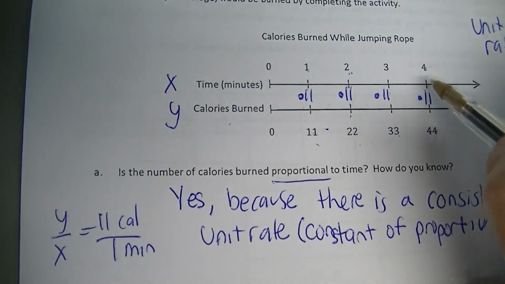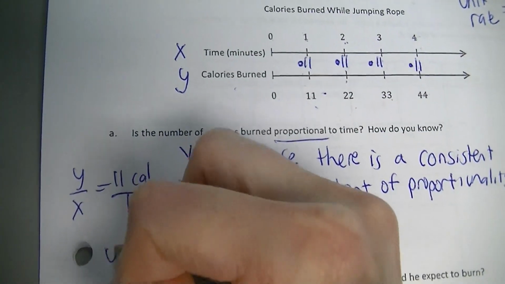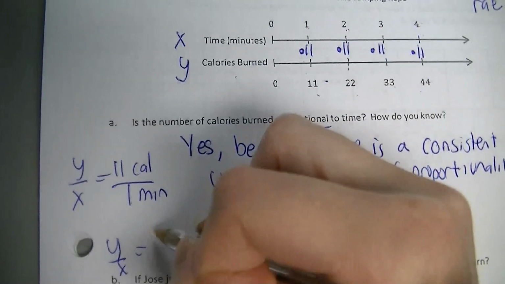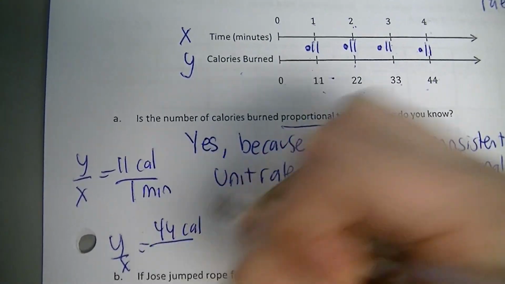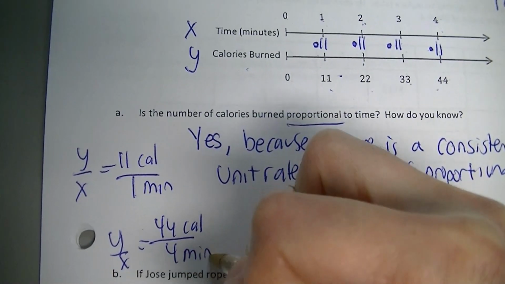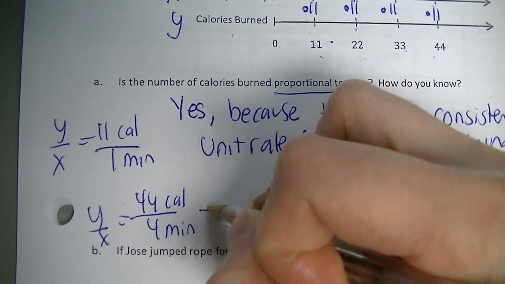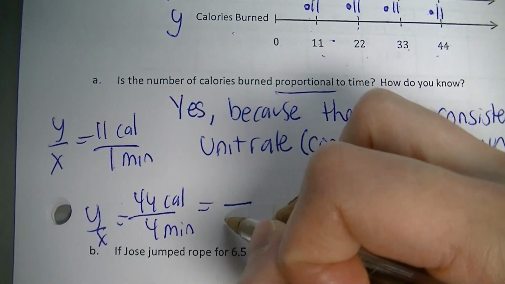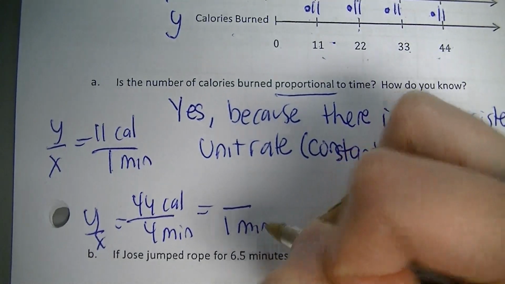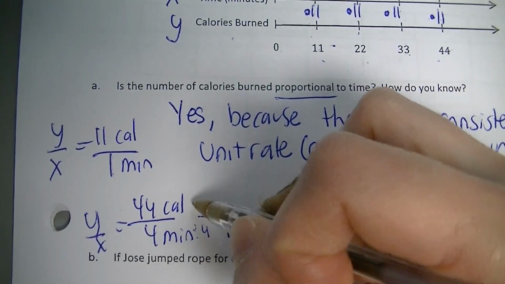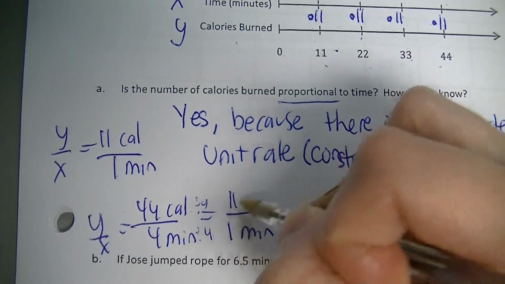And if you're like, well, what if I use this one over here? It would still work too. So 44 calories for 4 minutes. And you know that's not the unit rate because 1's not in the denominator. So set up your equivalent fraction for the proportion. And looks like we're going to divide by 4, divide by 4. 44 divided by 4 is 11. Yep.